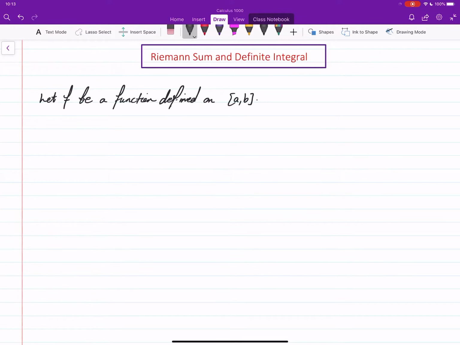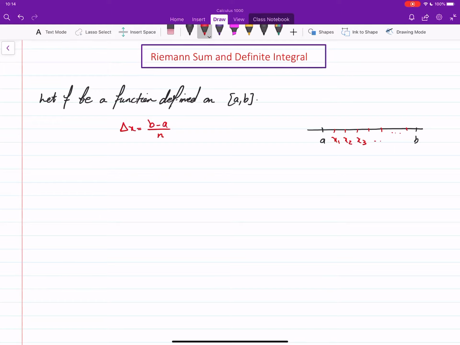So here, as we did in the case of the area problem, we divide the interval a, b into n equal subintervals, x1, x2, x3, and so on. So the length of each one of these is going to be b minus a over n.